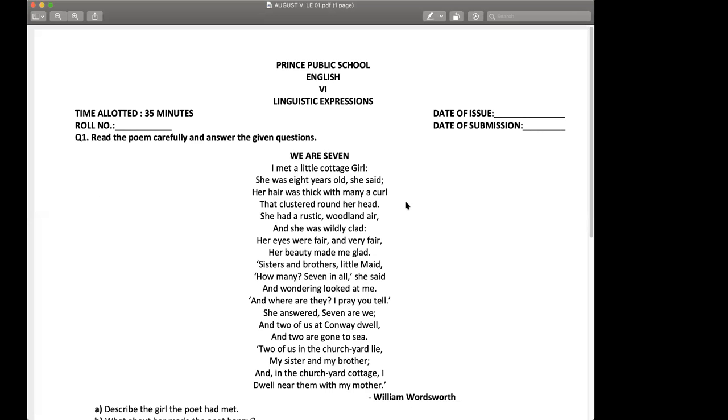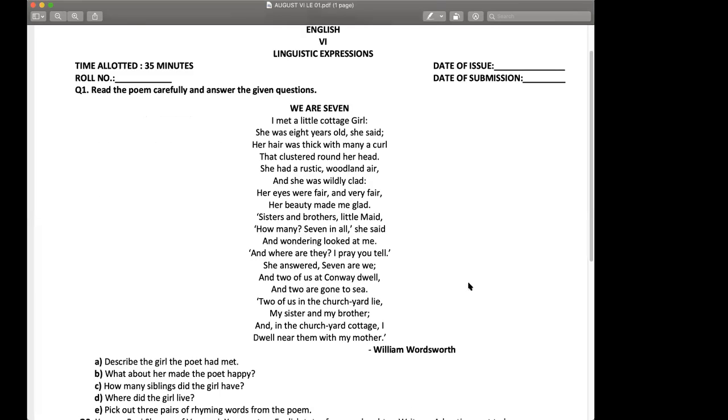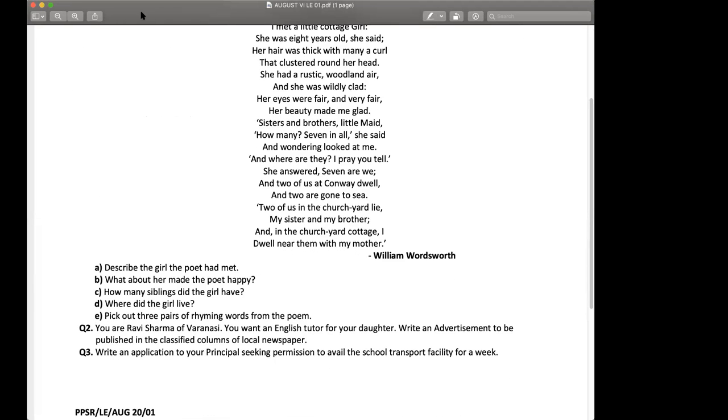Since tomorrow is a holiday, I'm giving you a linguistic to be done. Okay? With your phrases and clauses. This is a linguistic that we have. Please read the passage, a poem. It's very simple. Sorry, we have done this.